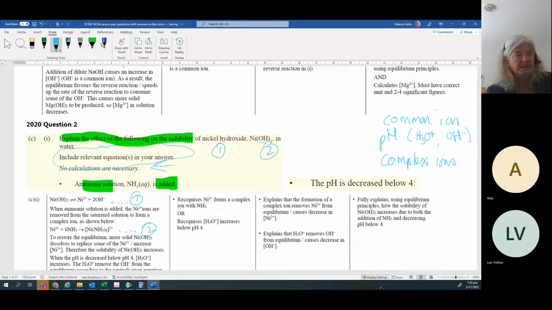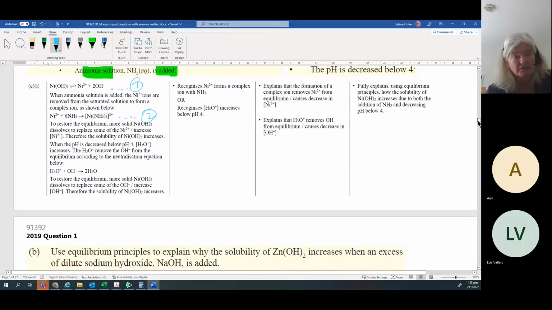But always, as I say, refer to common ion. Is it a common ion or not? And therefore, which way will it affect it? Does a change of pH affect it? Is there anything to do with a weak acid, weak base, or a precipitate involving hydroxide? Or is it a complex ion that involves your cyanide, your hydroxide, or your ammonia?